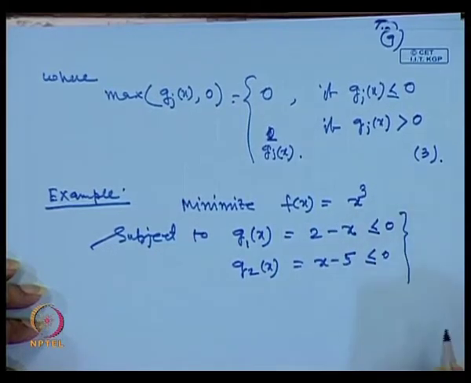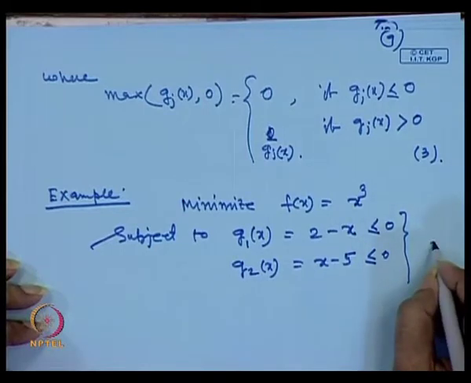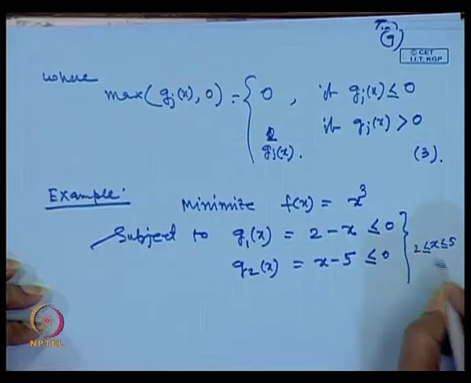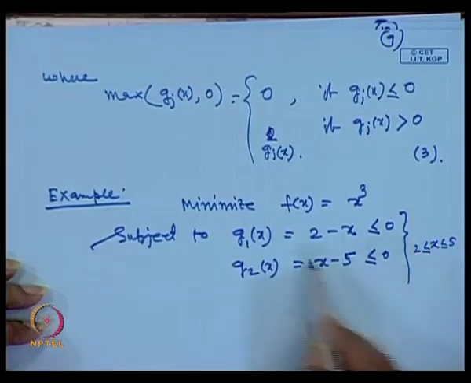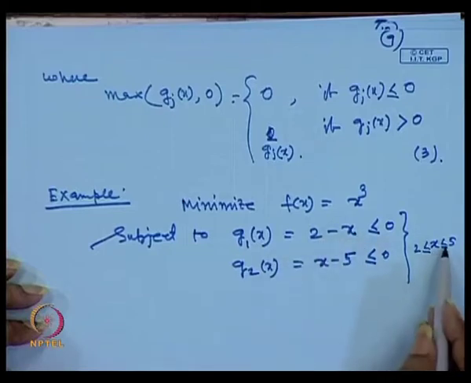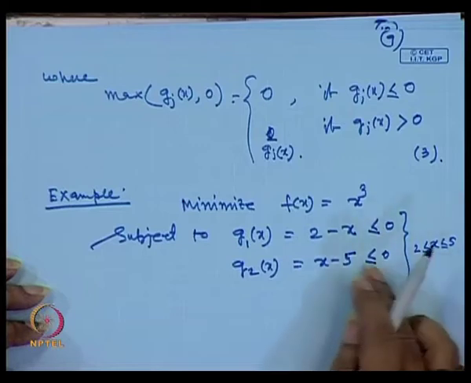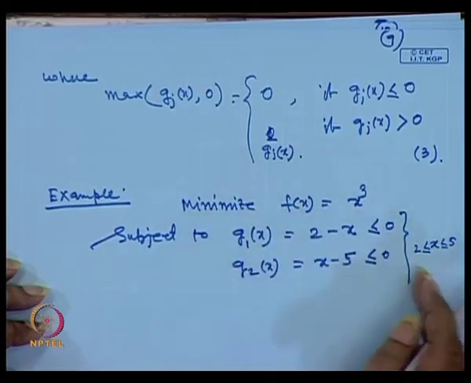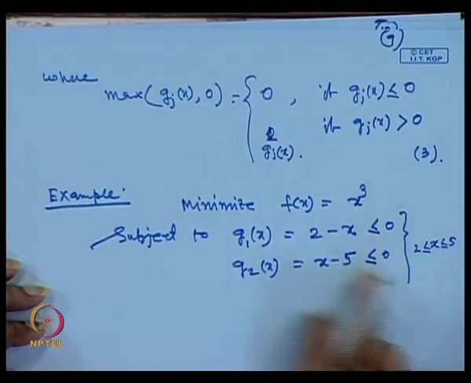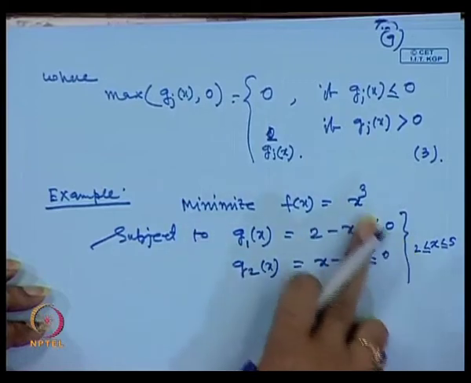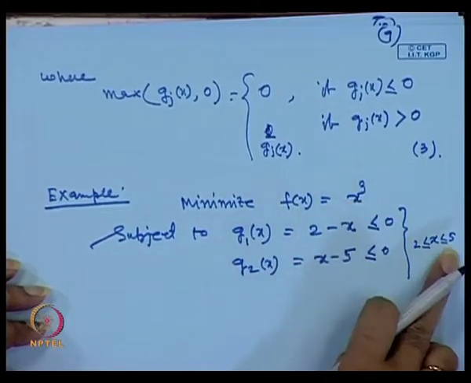These two equations commonly you can see are nothing but x between 2 and 5. So, 2 minus x, if you bring it here, is less than 0, and x minus 5 is less than 0. These two things I combine together. And what is the minimum value of the function, at what point? Obviously, x equal to 2 is the minimum value of the function.